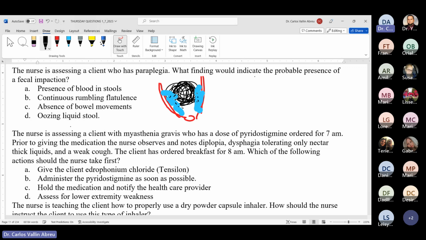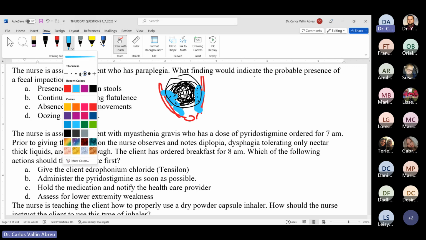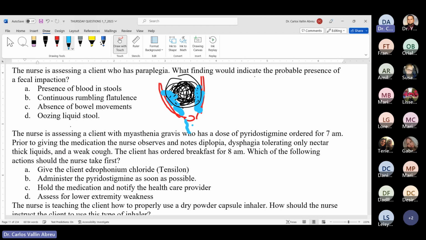So you are going to see that the client has this big rock of feces in the rectum, which is the fecal impaction, but then you are going to notice that there is a continuous leak of liquid with mucus and particles of feces, very stinky, and continuously the client is leaking that. It is the presentation of fecal impaction.